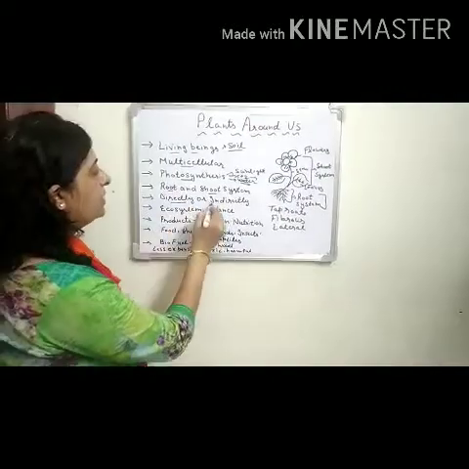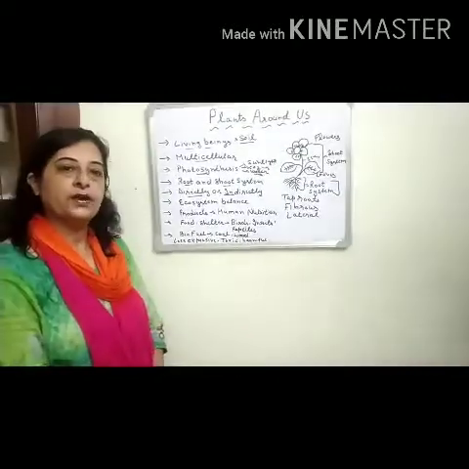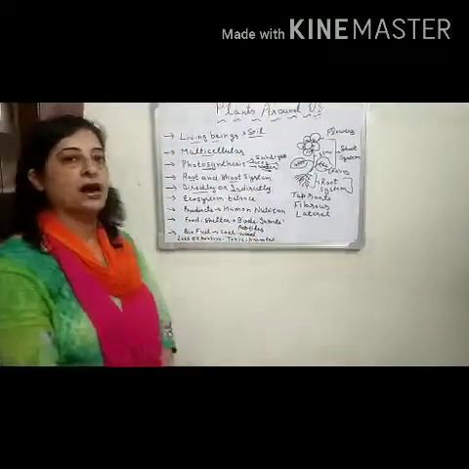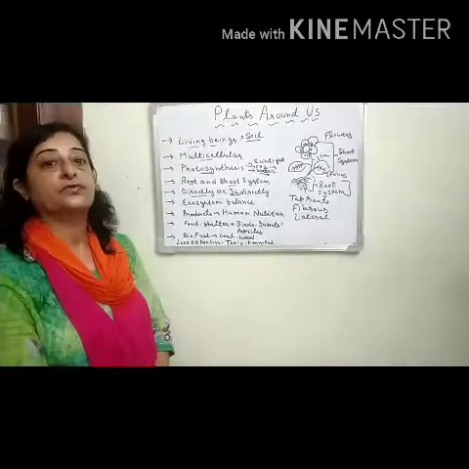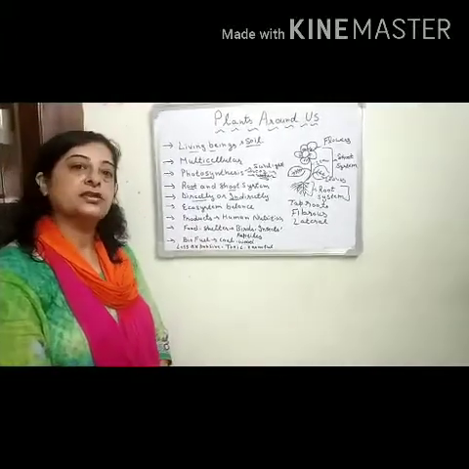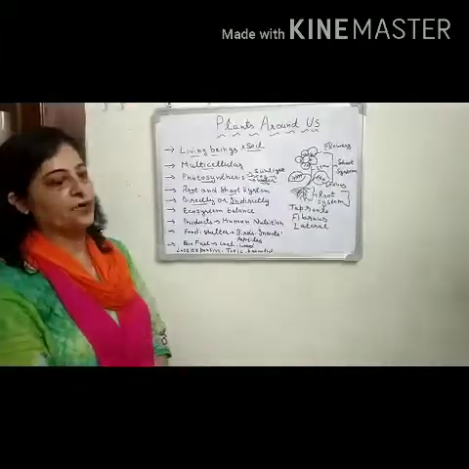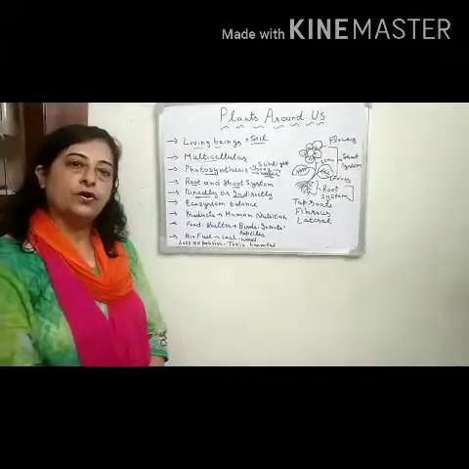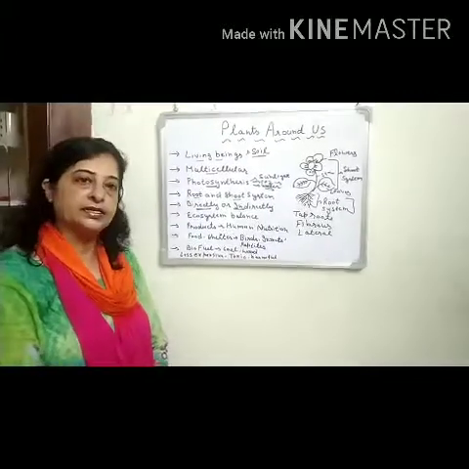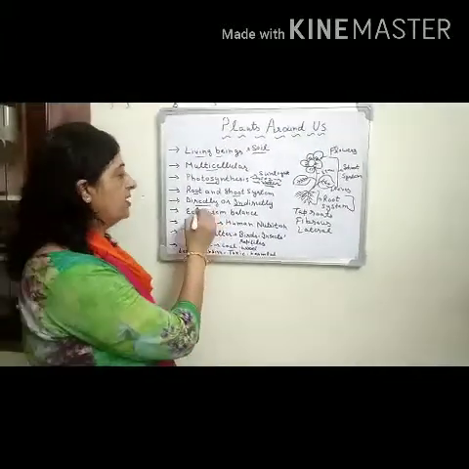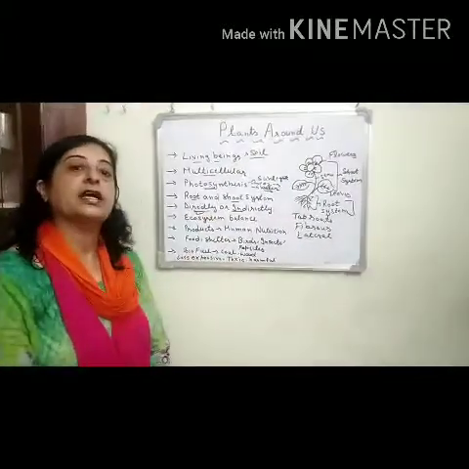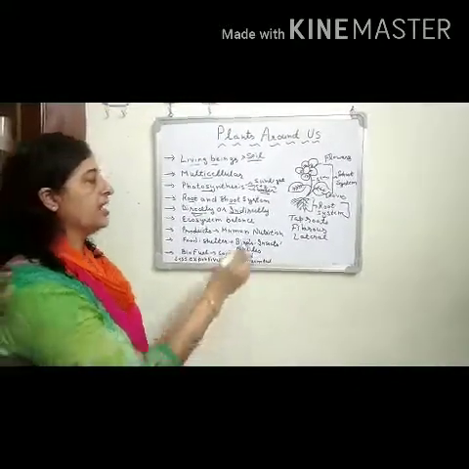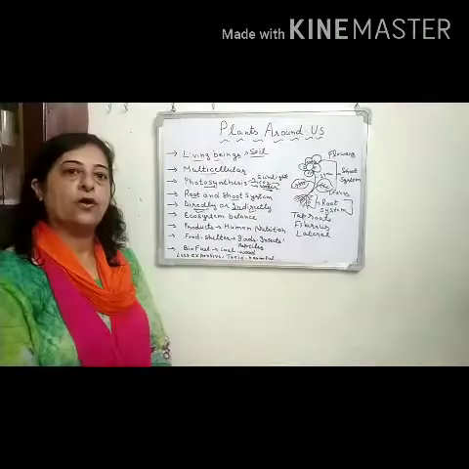Now every living being depends directly or indirectly on plants for food as well as for all things needed for survival. For example, herbivores eat plants directly, so they depend directly on plants, whereas carnivores depend on herbivores for their food, so they depend indirectly on plants.